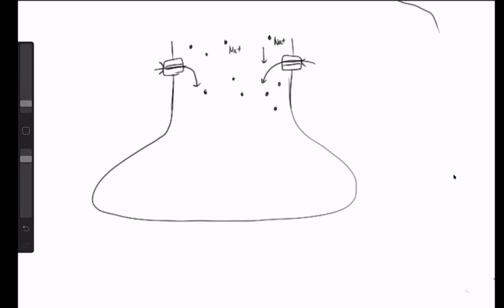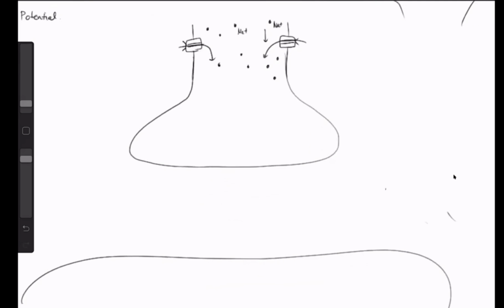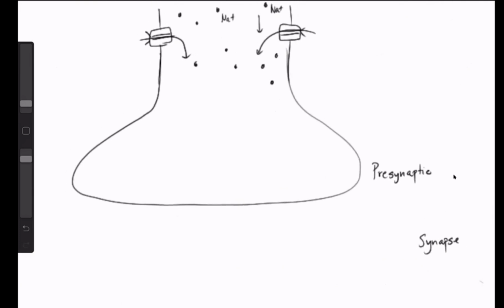All right, so a couple of things to introduce here. As you guys remember, this synapse is not connected together electrically, but rather connected together chemically. And those chemicals that we release from the presynaptic neuron are going to be called our neurotransmitters. So where are those neurotransmitters? They're in vesicles, guys.